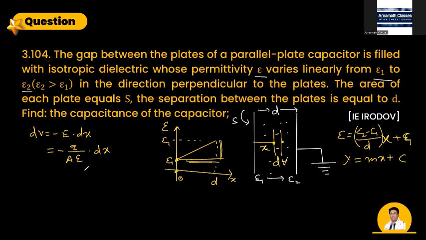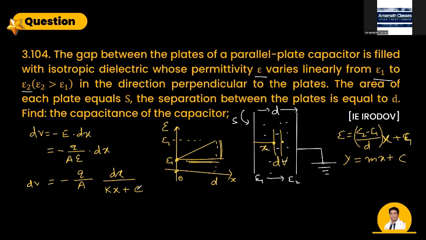Now I'm going to put it here. So dV equals minus Q by A, dx by, in place of epsilon I am putting this. Say this part I am writing as k only: kx plus c, where c is epsilon 1.